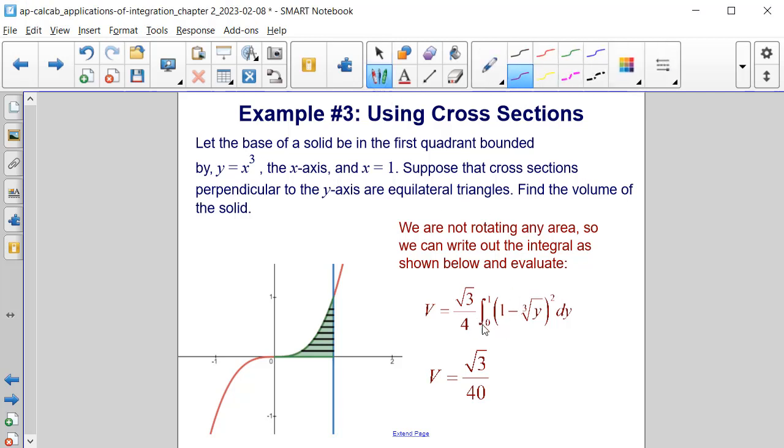So if we expand and finish solving this, we will have the square root of 3 over 4 times the integral from 0 to 1. And if we expand out 1 minus the cube root of y and we square it, it becomes 1 minus 2y to the 1/3 power plus y to the 2/3 power. And again, we're integrating with respect to y.